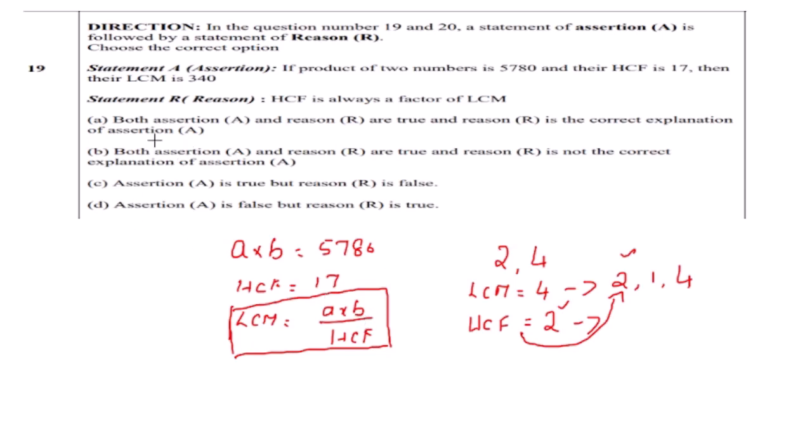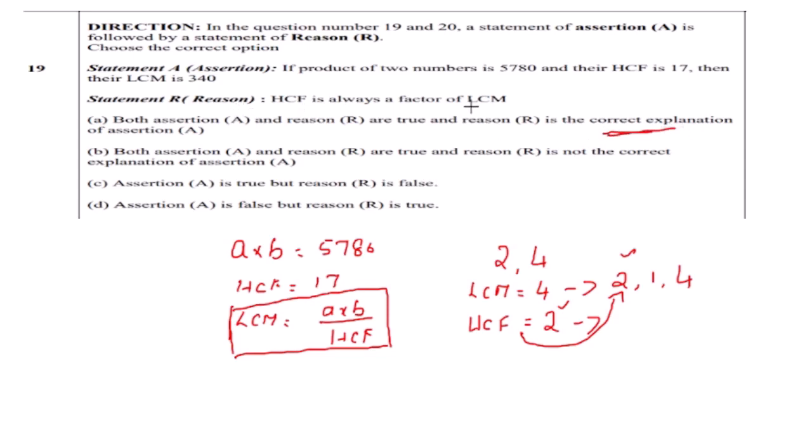Now you read the options. What is the first one? Both assertion A and reason R are true. Yes, both are true. A is true and R is also true, right? And reason R is the correct explanation of assertion A. Wrong. Reason R is not the correct explanation, right?